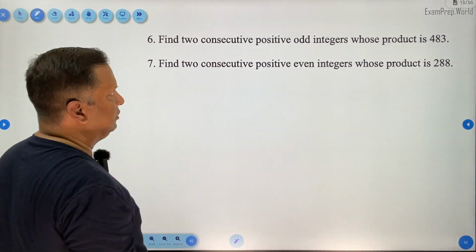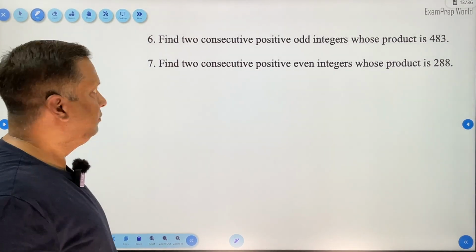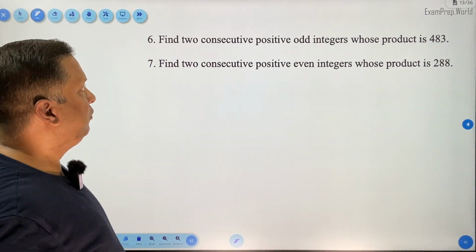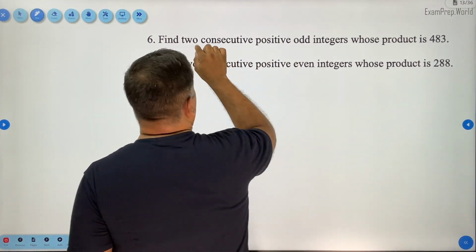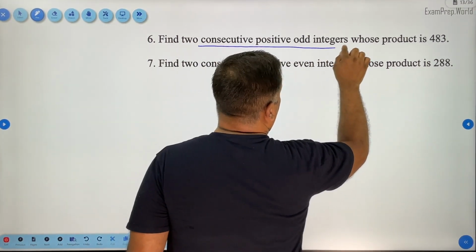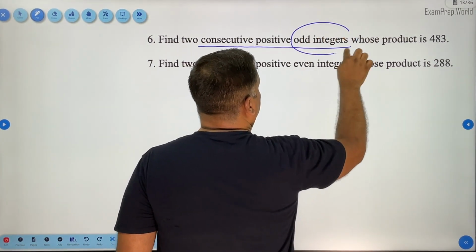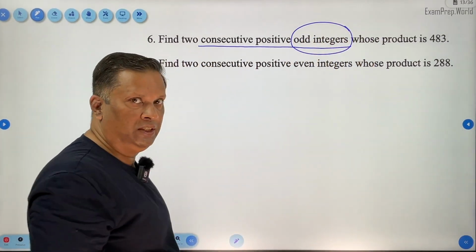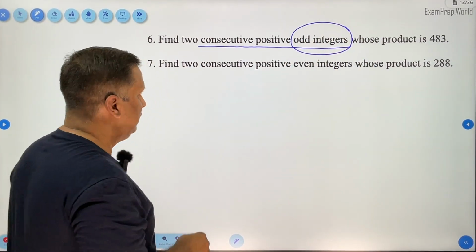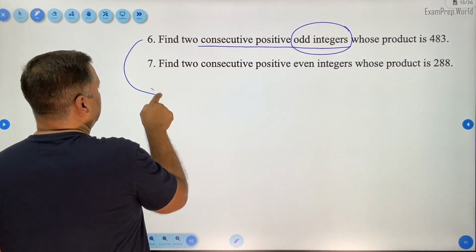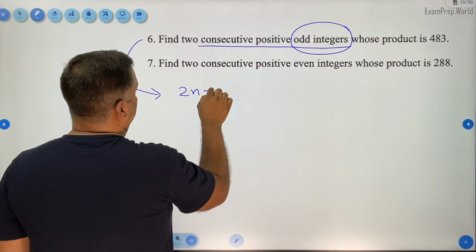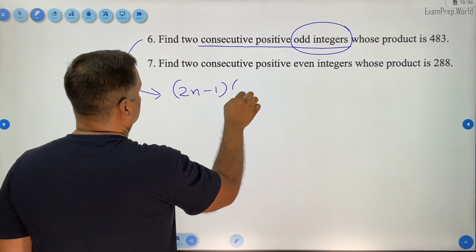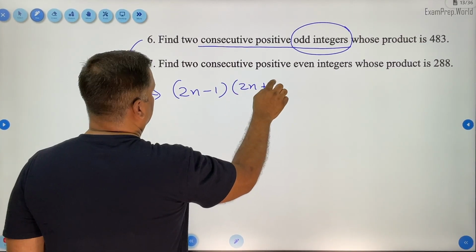Now the 6th and 7th I have kept together because they are very similar. The consecutive positive odd integers, here you see, very important. That's why I kept both of them together. Odd integers. Whenever such a situation is there in mathematics, you should take 2n minus 1 and 2n plus 1.